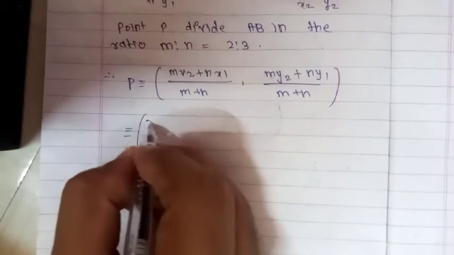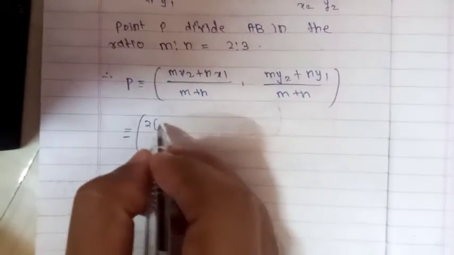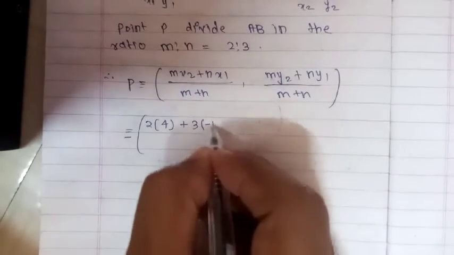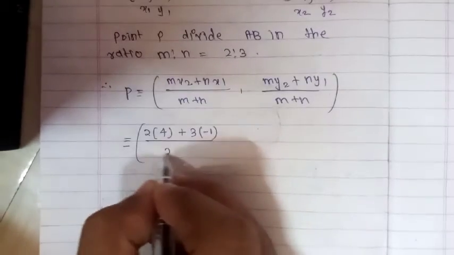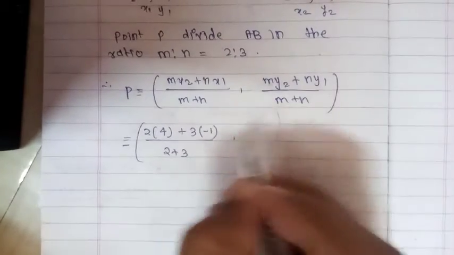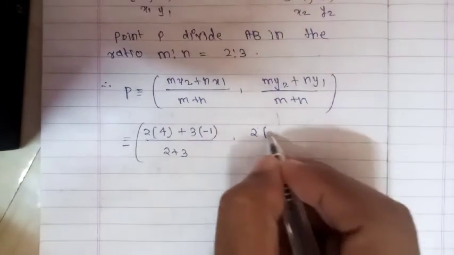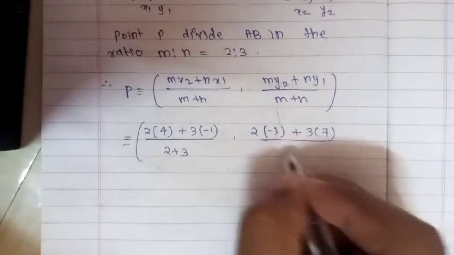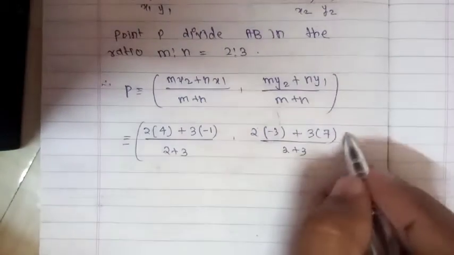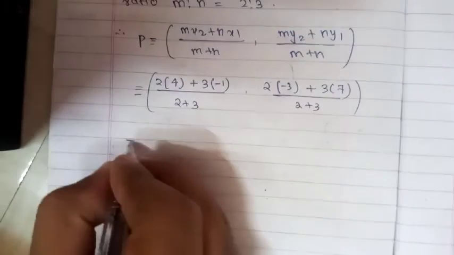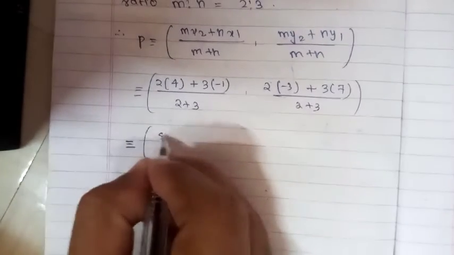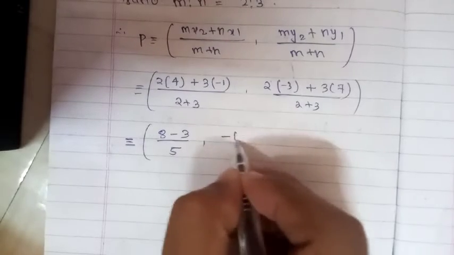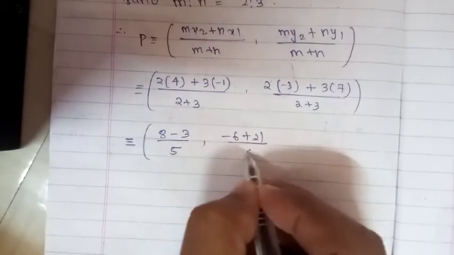So m is 2 into x2 is 4 plus 3 into x1 is minus 1, upon 2 plus 3, comma, 2 into y2 which is minus 3 plus 3 into 7, upon 2 plus 3. Okay, now after this, 8 minus 3 upon 5 comma minus 6 plus 21 upon 5.